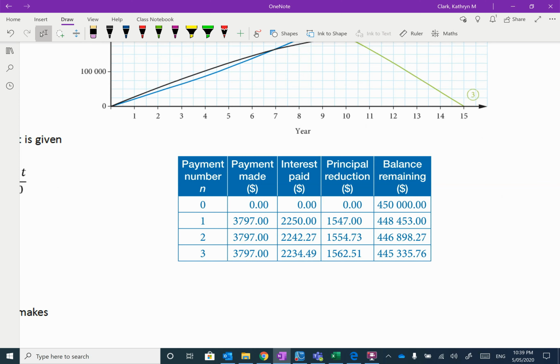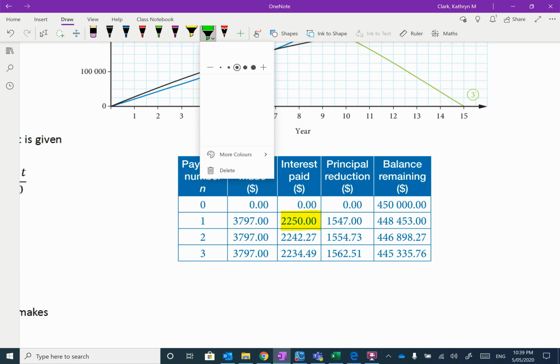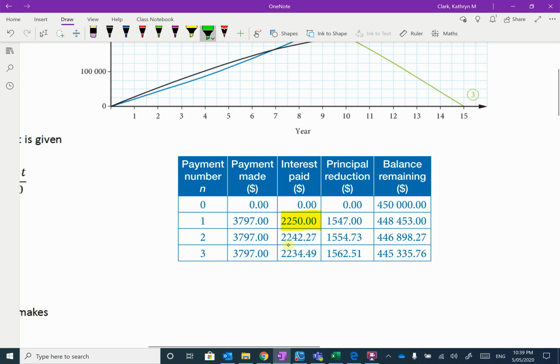So in this case, the interest being paid to begin with is $2,250. And you're told that you need to make a repayment of $3,797. Now, that payment is bigger than the interest that is going to be charged, because you need to be able to pay off both the interest and some of the original amount that you borrowed. So the payment has to be bigger than the amount of interest that you're being charged.